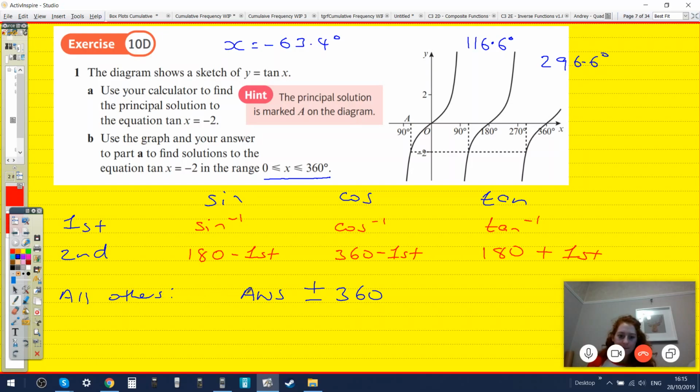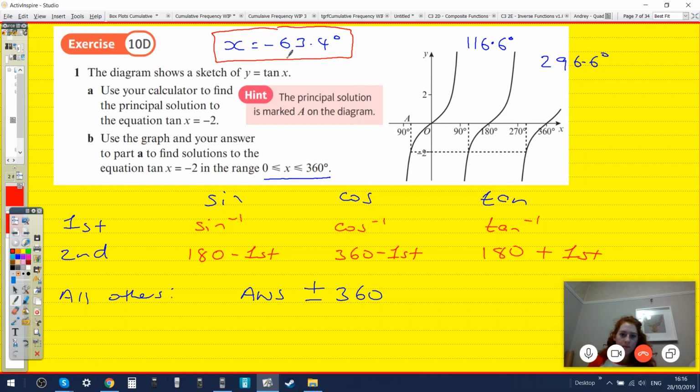And then the same for all three. Every other answer is a previous answer plus 360 or a previous answer minus 360. And the one thing to watch for is if you get an answer like here, we got x equals minus 63.4. You don't discard that just because it's not in the range. You discard it at the end, but you keep it to get additional answers.